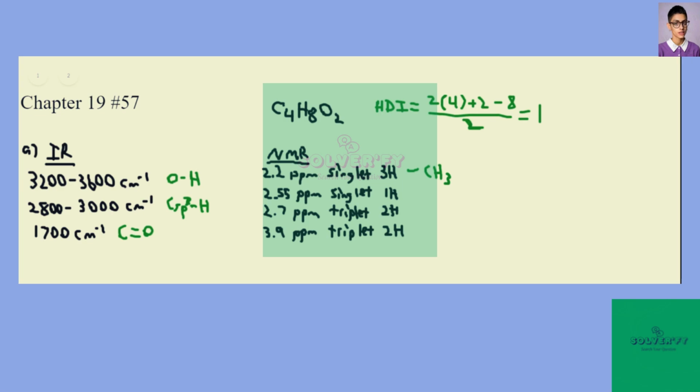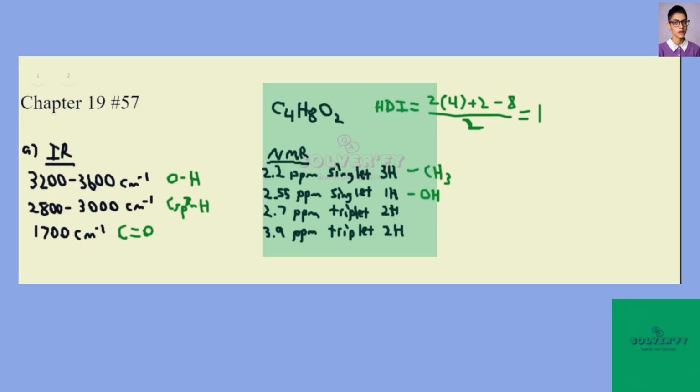We have this OH peak in our IR data, and so I'm going to say that this is probably the OH of an alcohol. And so we have a carbonyl and an alcohol in this molecule, but we don't have a carboxylic acid or an ester. So instead we have a ketone or an aldehyde and an alcohol.